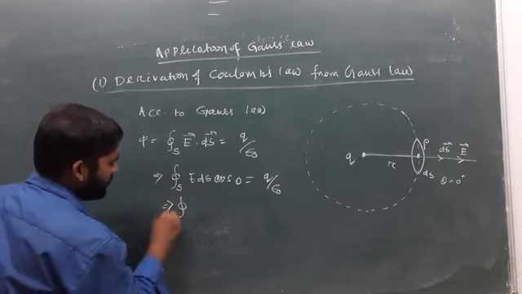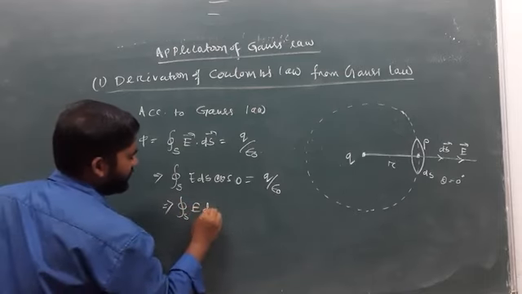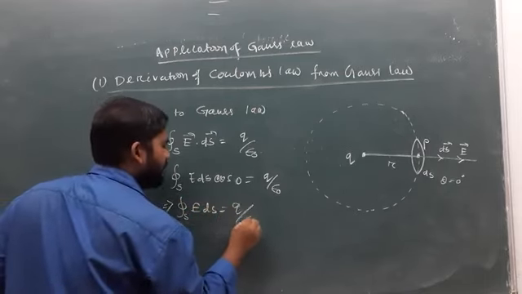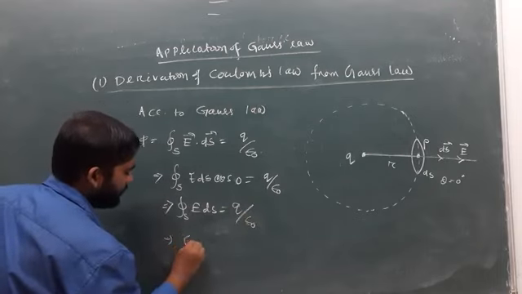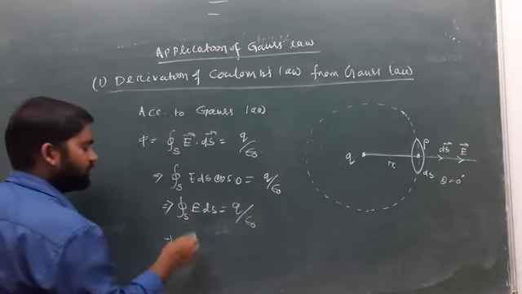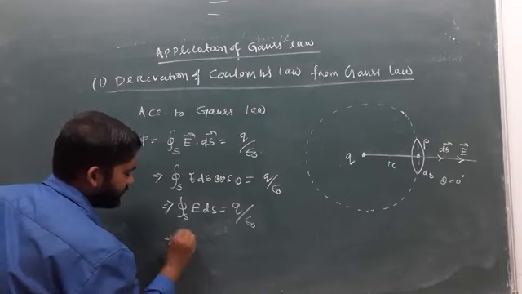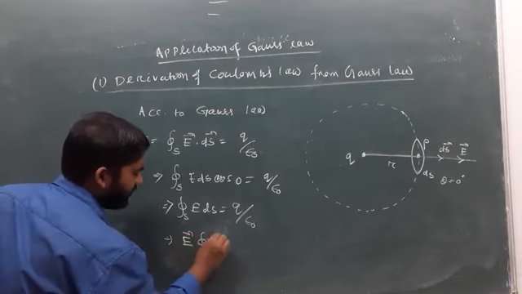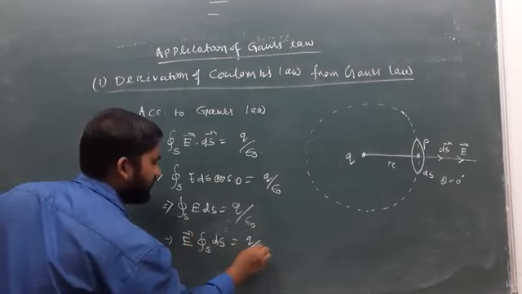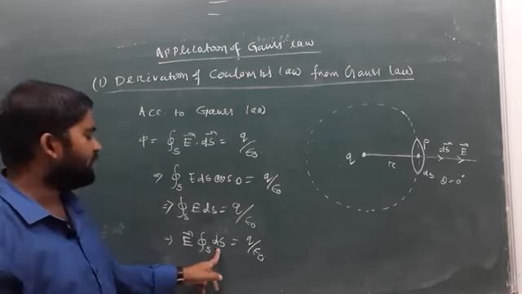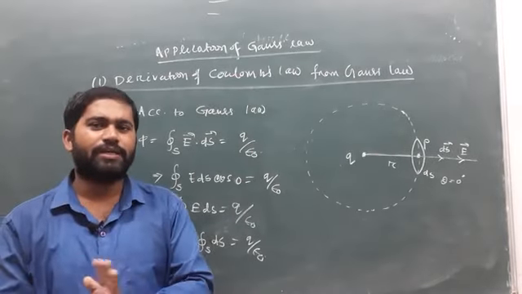So the closed surface integral of E ds equals q by epsilon 0. Taking E outside the integral, the closed surface integral of ds equals q by epsilon 0.